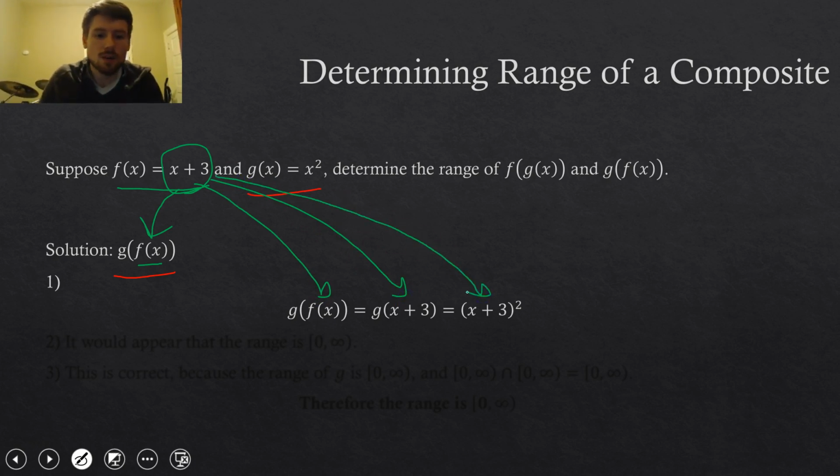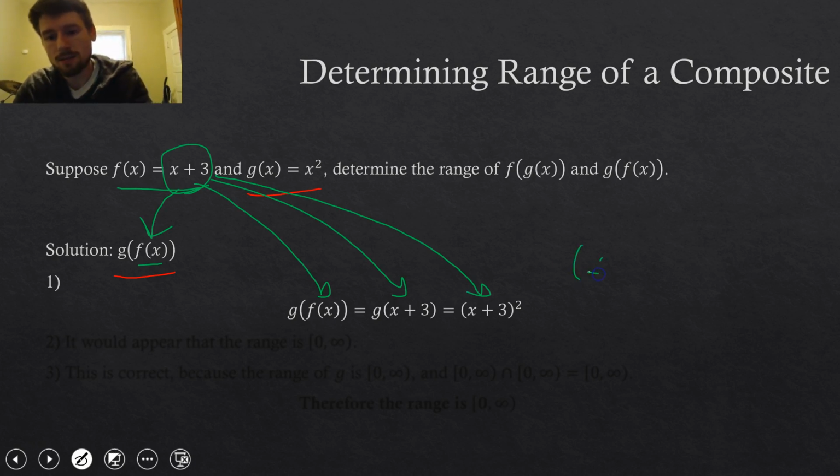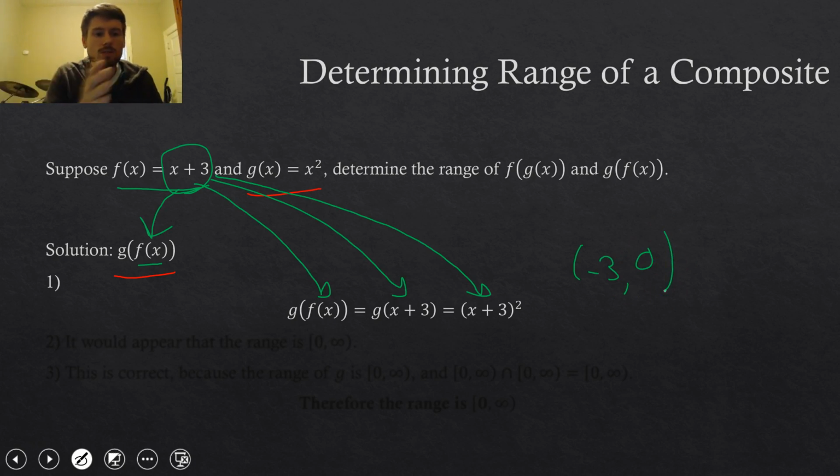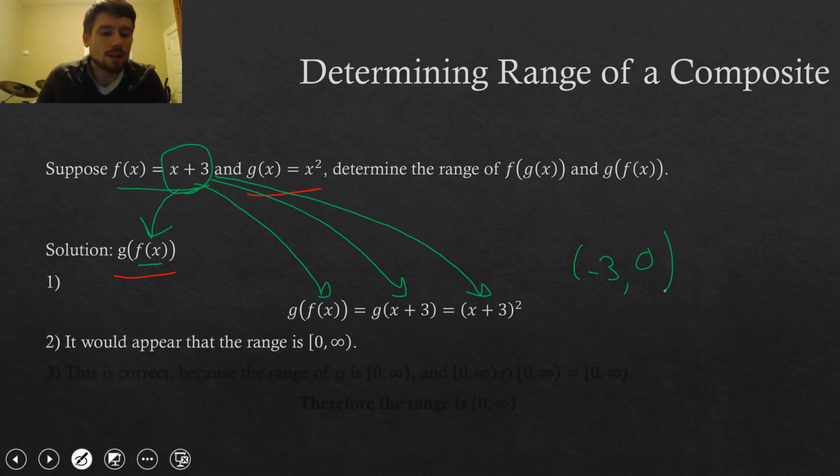So that gets you x plus 3 quantity squared, which I could FOIL, I could expand it, but from that I can see what the vertex is. The vertex is negative 3, 0, because it's a parabola moved to the left by 3. So it would appear that the range is from 0 to infinity, because it's a parabola sitting on the x-axis.